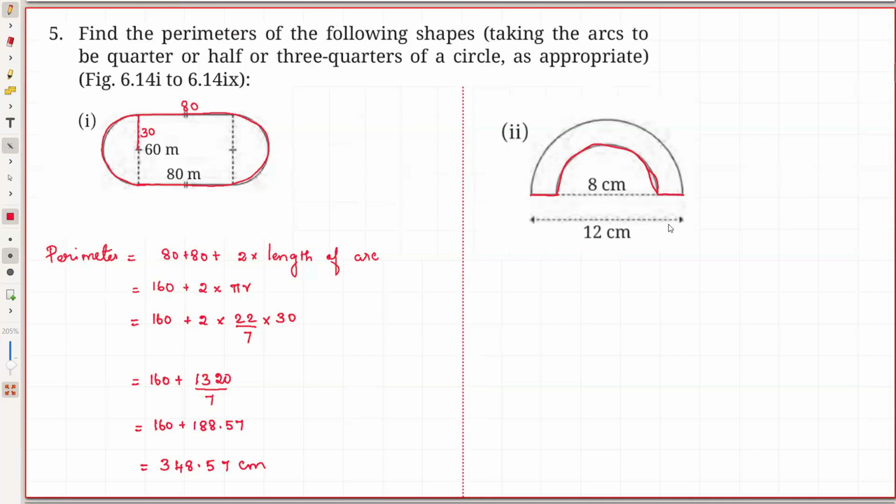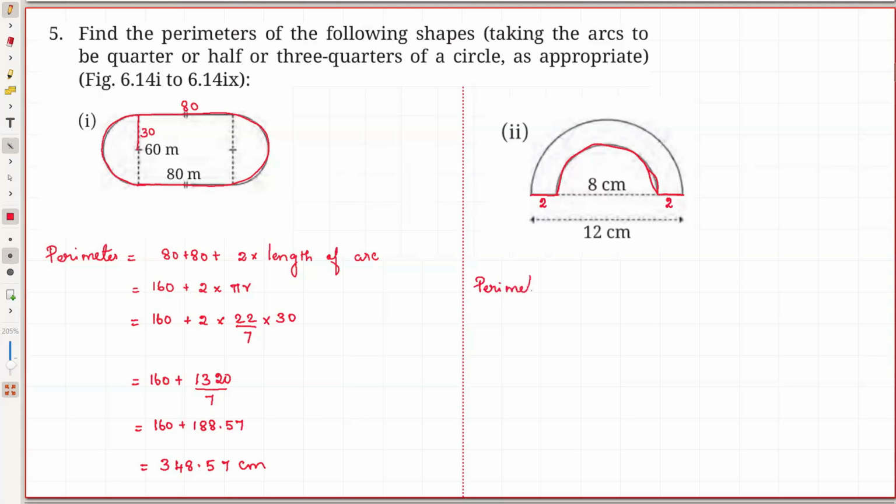So total is given as 12 and this is 8. Then 8 plus 2 is 10 and 10 plus 2 is 12, so this length should be 2 centimeter. Now you have to find the length of this arc and of this outer arc.